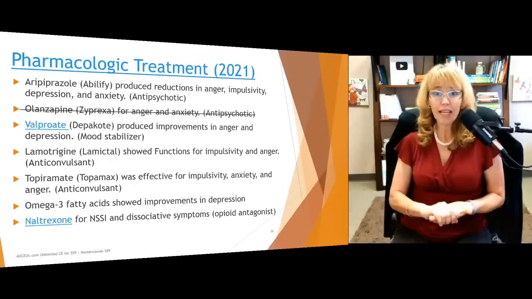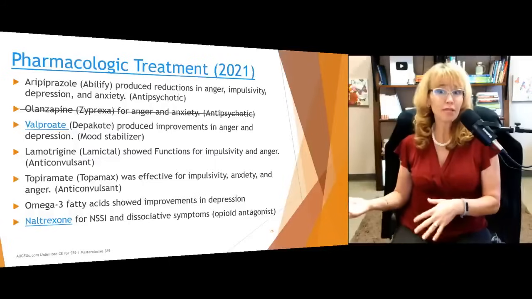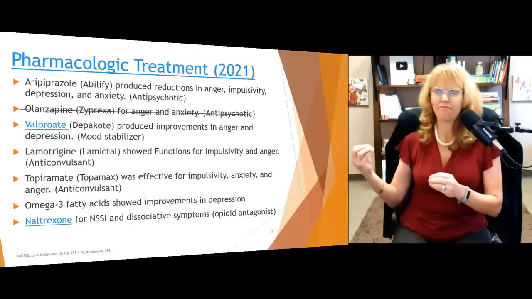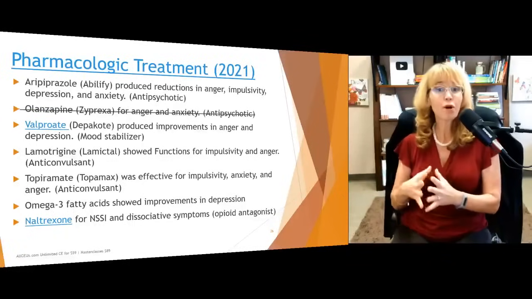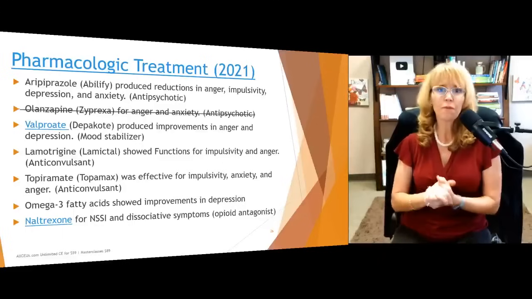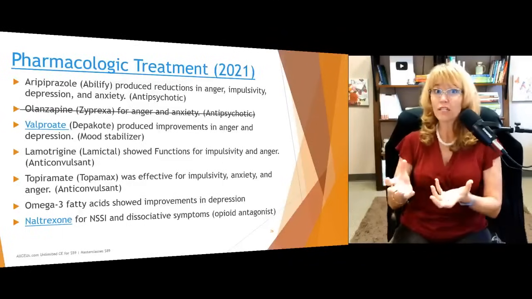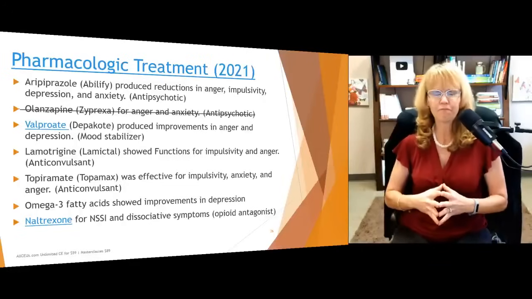Depakote or valproate produced improvements in anger and depression. Now, it is a mood stabilizer. Obviously, somebody with bipolar disorder is probably going to be on a mood stabilizer. So if valproate works, then we also may be wanting to evaluate whether they have concurrent bipolar disorder.